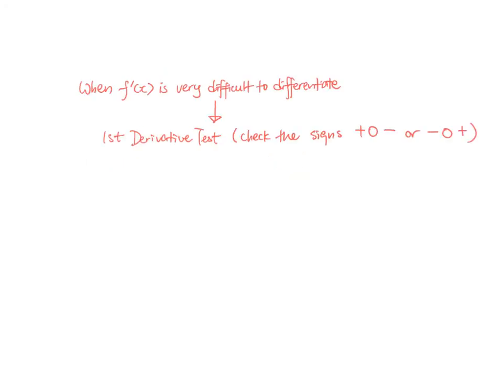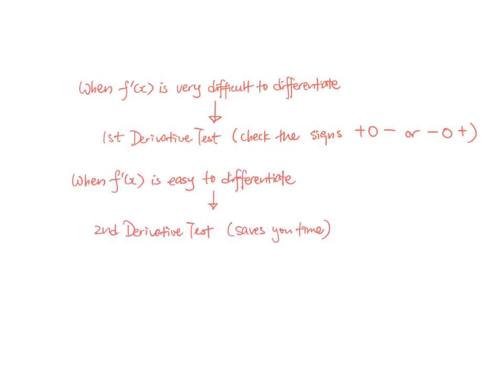And here's another note: if your first derivative is so difficult to differentiate, then you use the first derivative test, and you just need to check the signs, whether it goes from positive to 0 to negative or vice versa. On the other hand, if the first derivative is easy to differentiate, then of course you take the second derivative test because it saves you a lot of time.